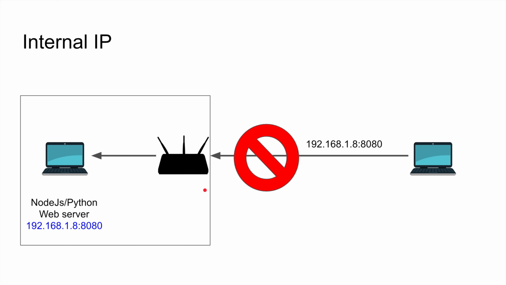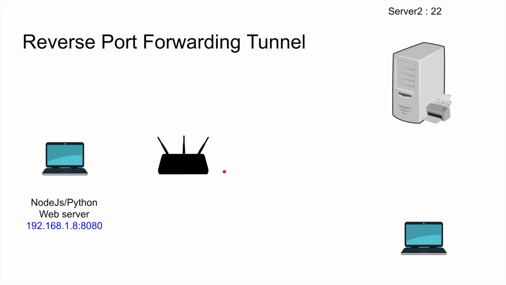We saw that you can solve this with another approach called the reverse port forwarding tunnel. We talked about the local port forwarding tunnel, where you create a mini server on your machine, I make requests to that, and then it goes to the server.